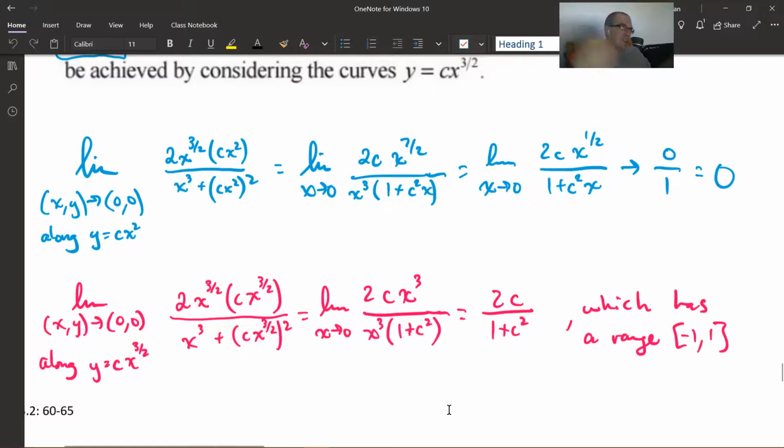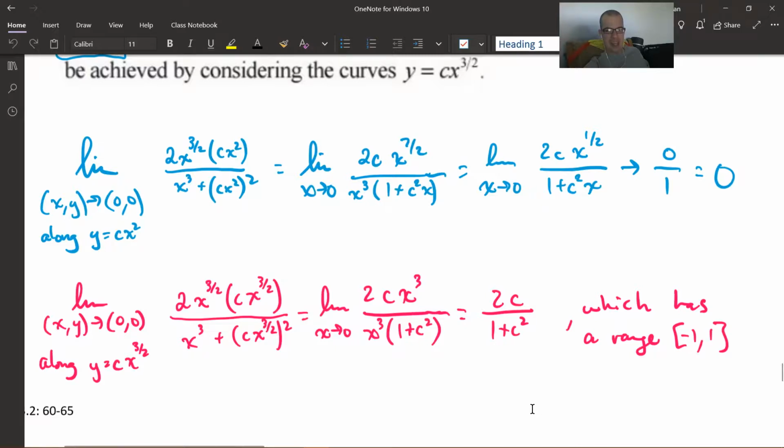So the fact that x is going to 0 doesn't change this at all. But depending on the value of c that we could put in between 1 and -1, this will have a range of -1 to 1.